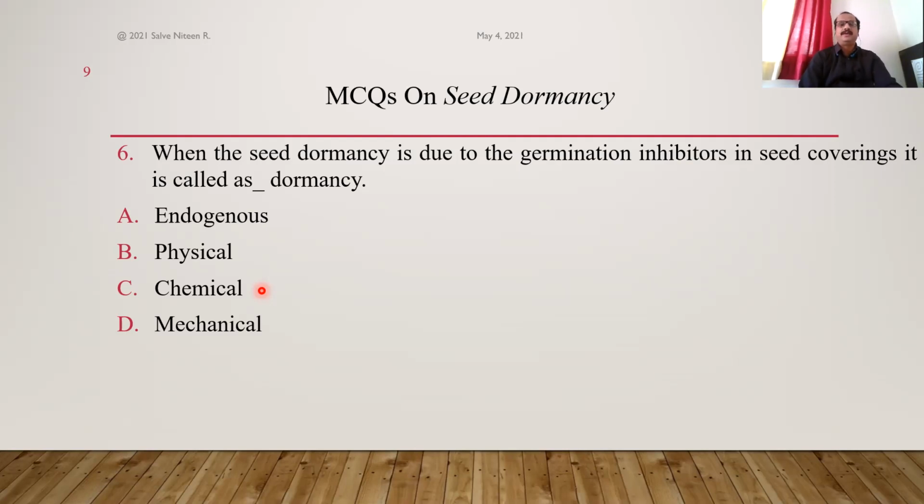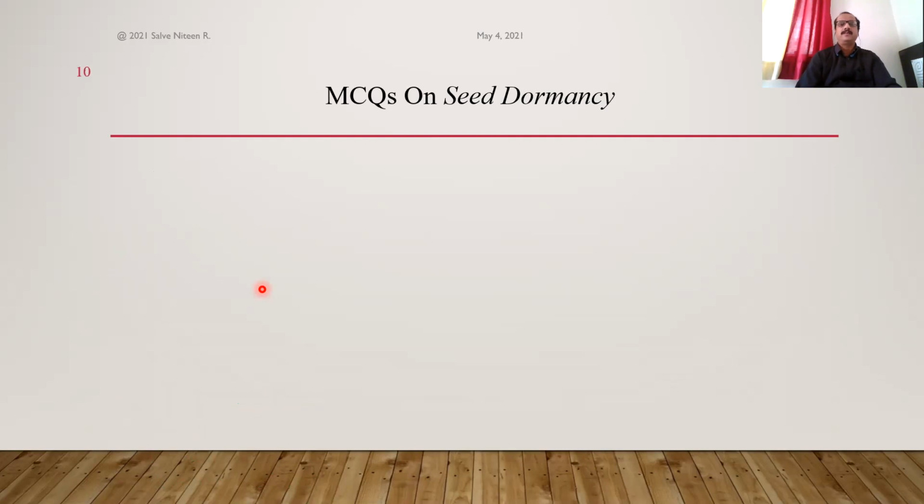In chemical dormancy, examples like your tomato or your cucumber, fleshy fruits, your apple, your lemons, those fruits are showing chemical dormancy. C is the answer here.